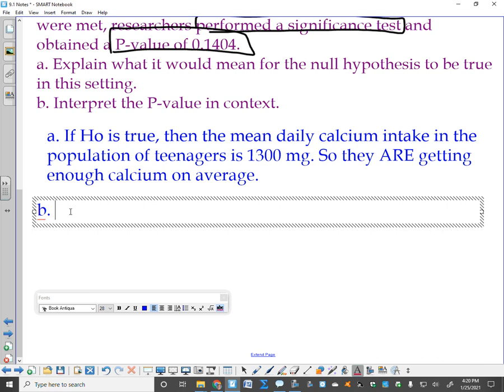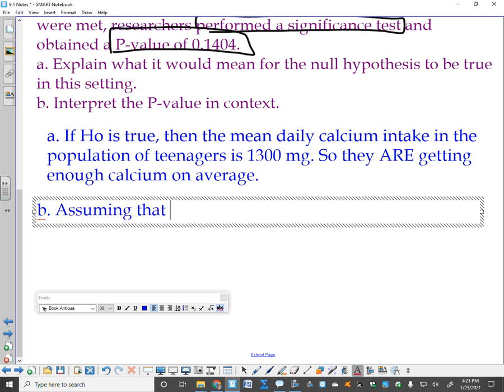So we have to assume Miss Hunter is innocent. We have to assume that you're getting 47 miles per gallon. In this problem, we have to assume that the average calcium intake for teenagers is 1,300 milligrams. You have to assume that H0 is true, and you have to state that first. So here we go.